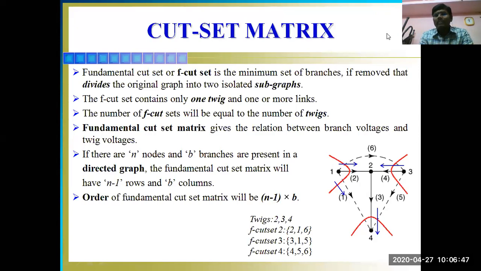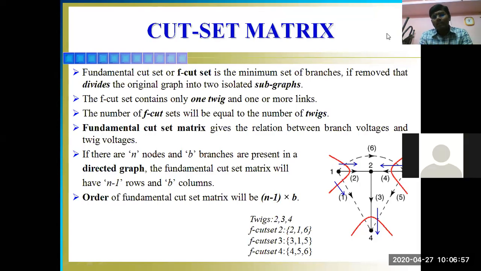It gives the relation between nodes and branches, whereas the tie-set matrix gives the relation between branch currents and link currents. The number of tie-sets is equal to the number of links.